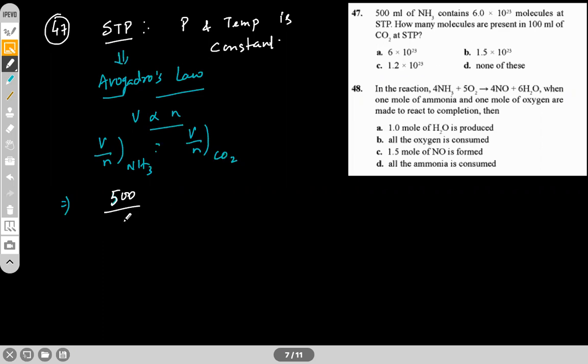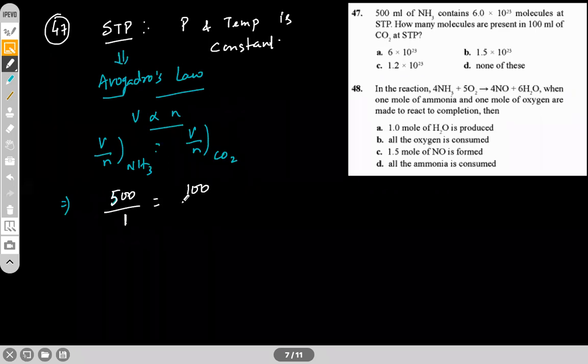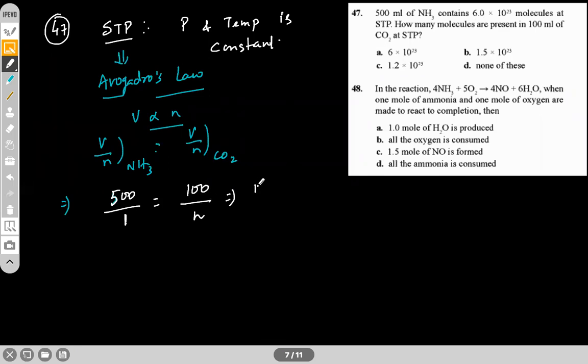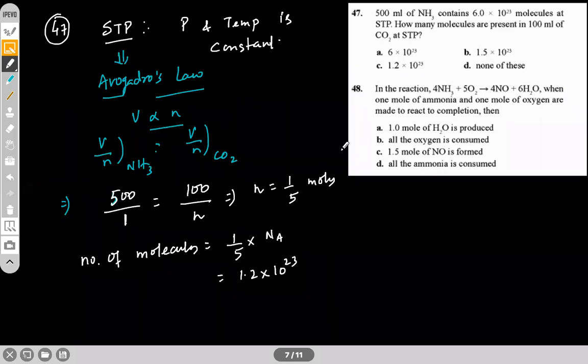So these many molecules of NH3 is 1 mole, equal to the volume of CO2 is 100 and the number of moles of this. So N is equal to 1 by 5 moles. So for the number of molecules, multiply by Na, that is 6 point something. So the answer is approximately 1.2 into 10 to the power 23. Option C we are getting as the answer.